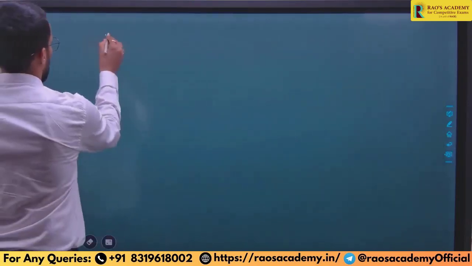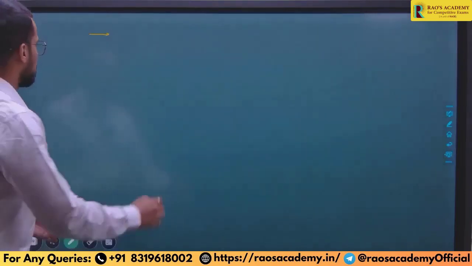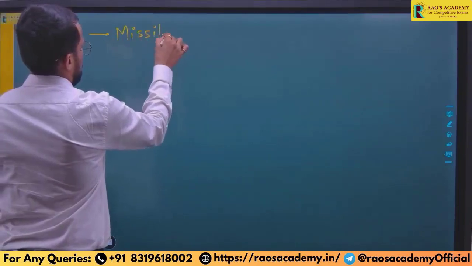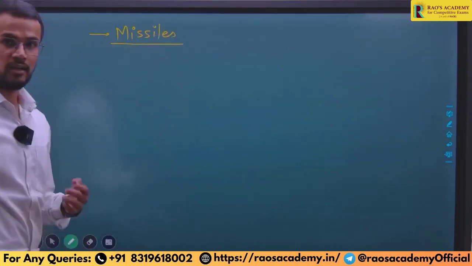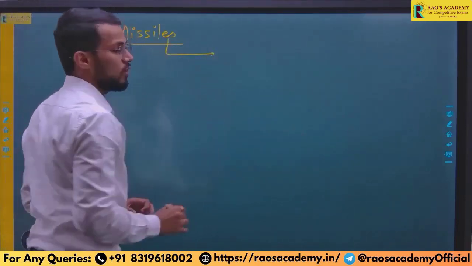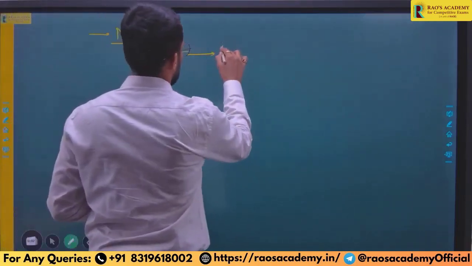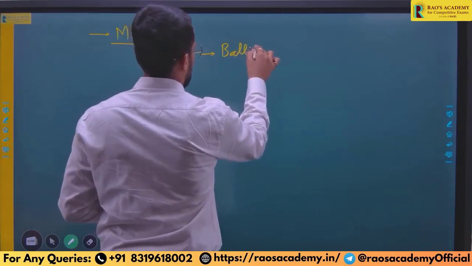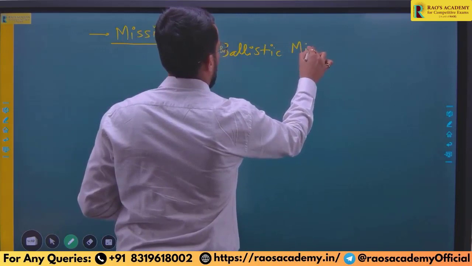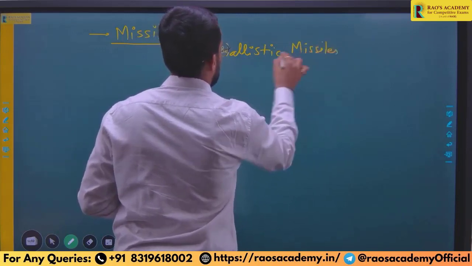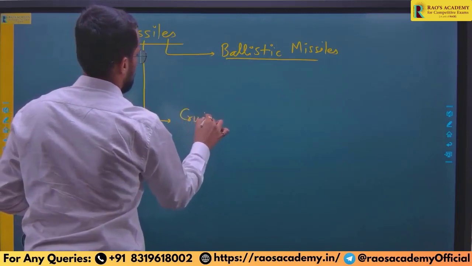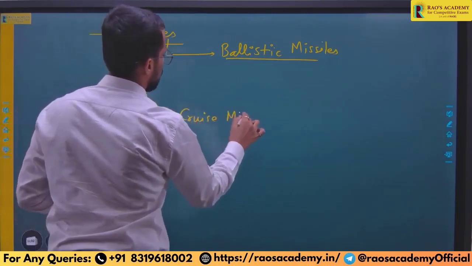The most important topic under defense technology is missiles. And under missiles, firstly, you should be aware of two different types of missiles, that is ballistic missiles, and then second is cruise missiles.